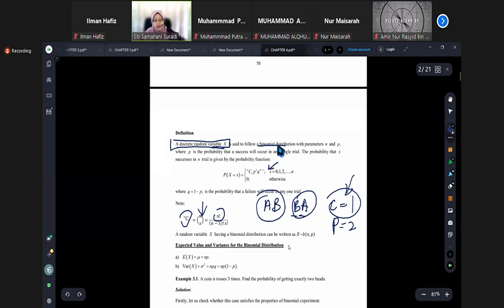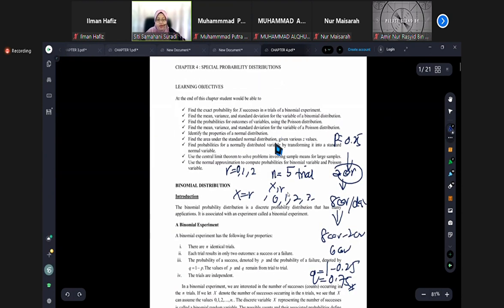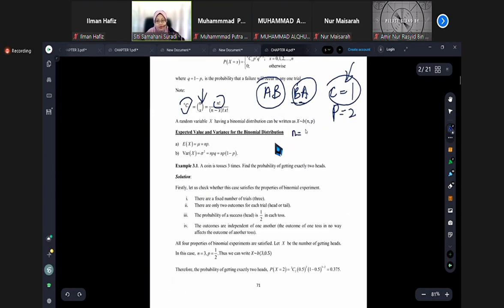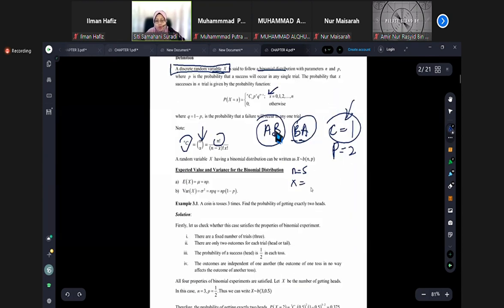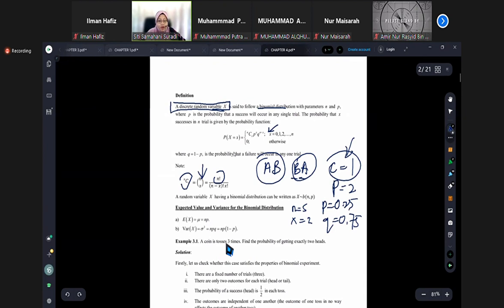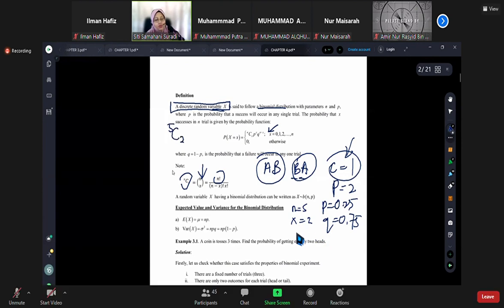For example, n here is 5, so n equals 5, and the number of successes x might be 2. The probability p is 0.25 and q is 0.75. So you just apply this. Let's say I want 2 successes, so that means 5C2. How do you calculate this?